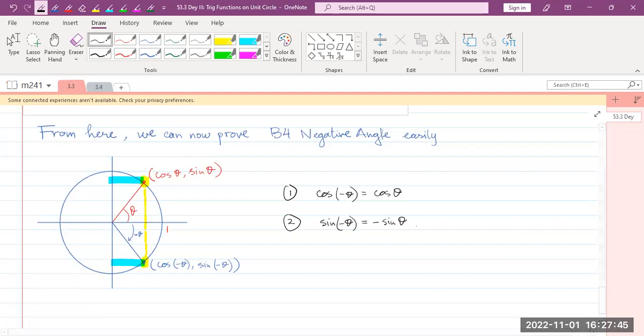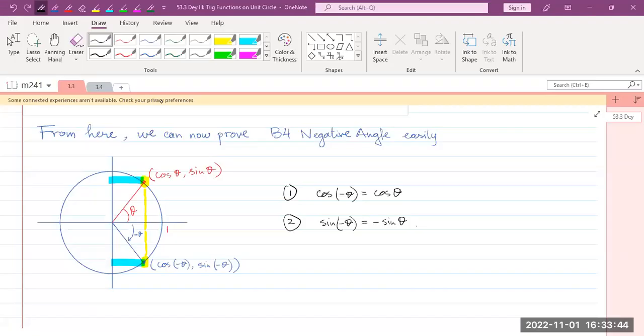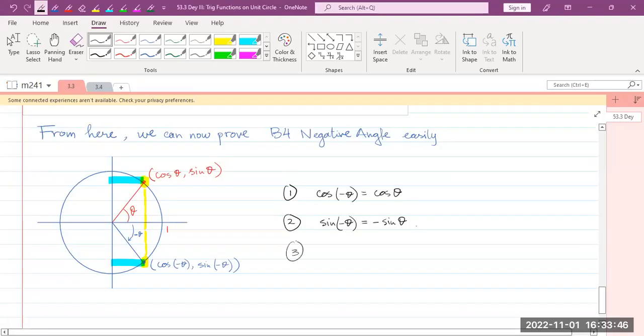Now from here we go on seeing that tangent negative theta equals negative tangent theta.